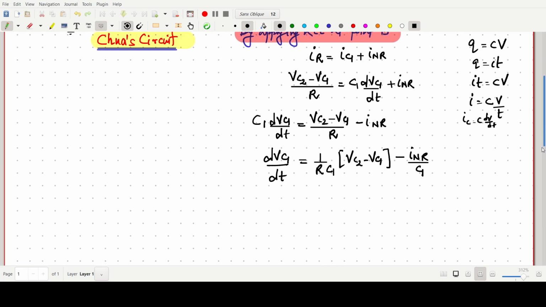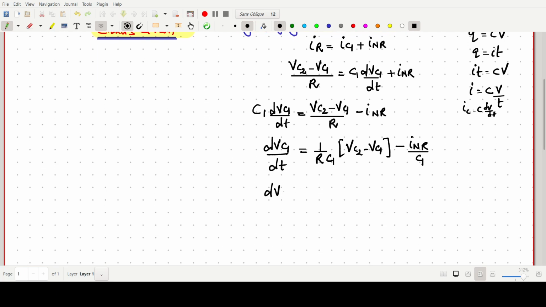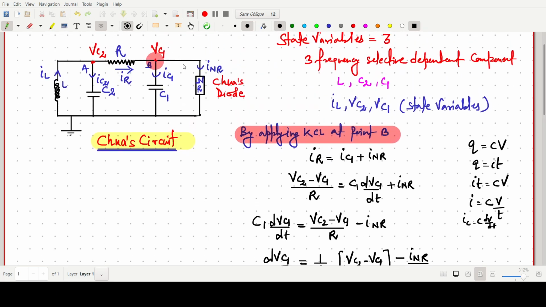Finally, dVC1 by dt equals 1 by RC1 times (VC2 minus VC1) minus f of VC1. Basically this voltage is the same as VC1.